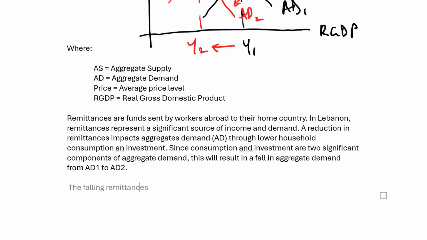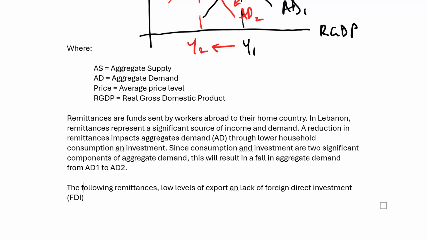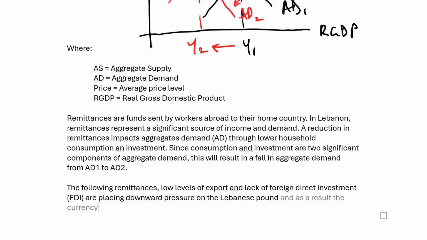The falling remittances, low levels of export, and lack of foreign direct investment are placing downward pressure on the Lebanese pound, and as a result, the currency depreciates.